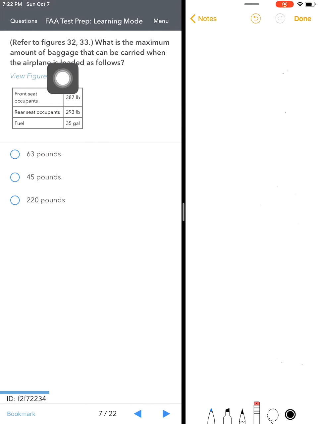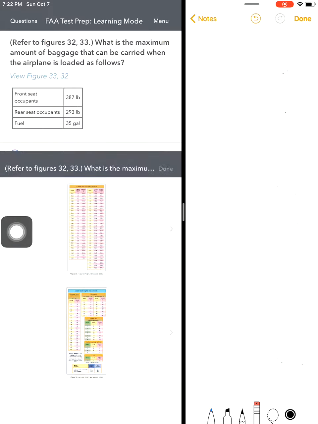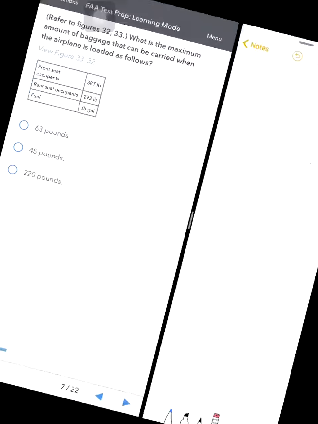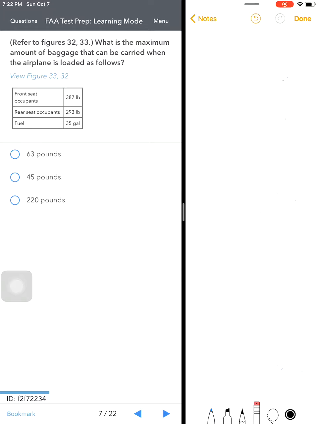What is the maximum amount of baggage that can be carried when the airplane is loaded as follows? Okay, so this is the same. Actually, this one is a little bit different. So let's figure this one out real quick. How can we figure this one? We will just put front passengers. Okay, your front passenger, 387 pounds.